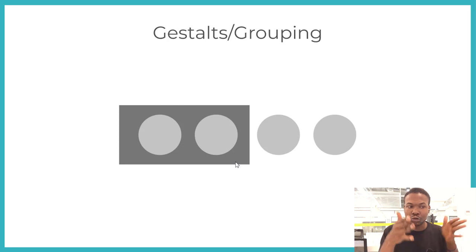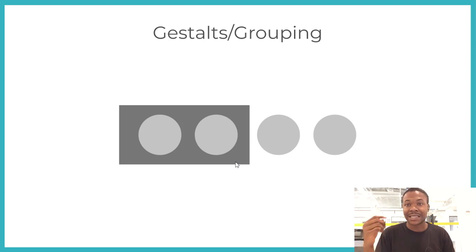As you can see, those two are already seen as a group just because of that gray background behind them. We have grouped them as one group, and we see the remaining two as a separate group. This is just an example of how Gestalt principles are used. You'll be amazed at the number of times you may have used Gestalt without really paying attention to it. So these are just some things I wanted to share with you guys.